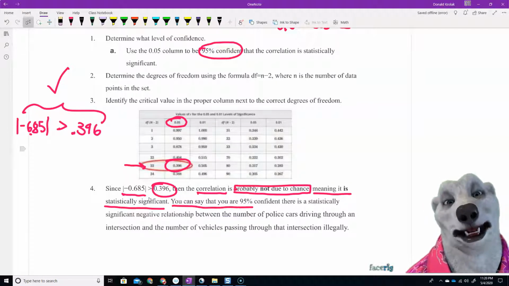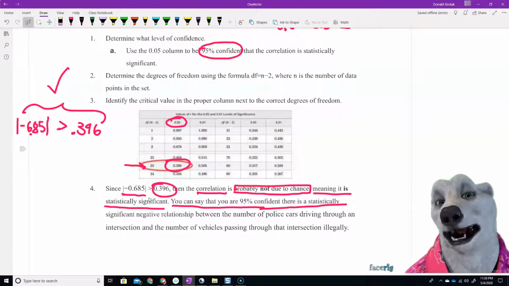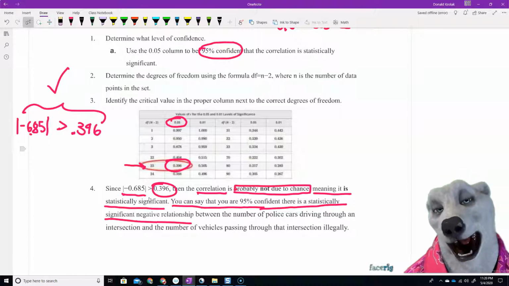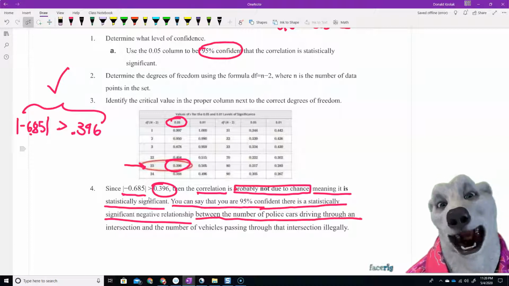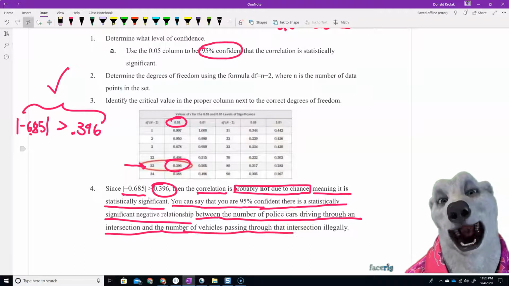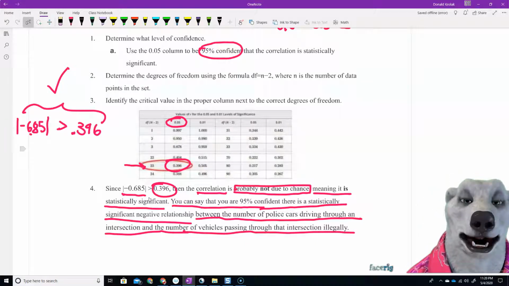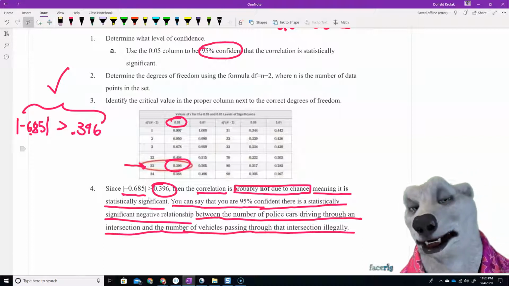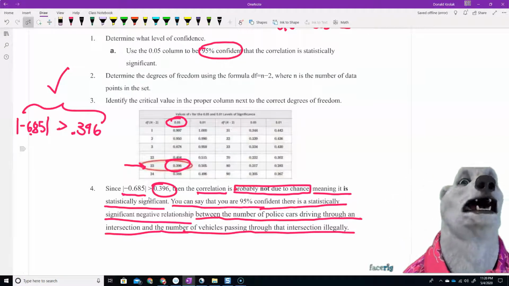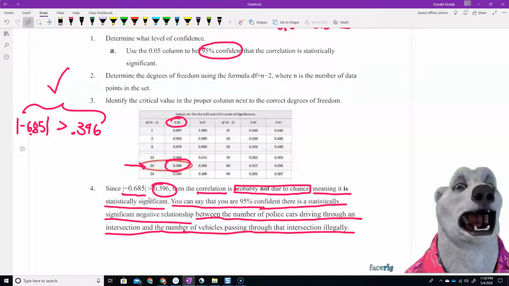You can say that you are 95% confident there is a statistically significant negative relationship between the number of police cars driving through an intersection and the number of vehicles passing through that intersection illegally. Which makes sense. The more police cars you see, chances are you're not going to run a red light or go through that intersection illegally, because you probably know, well, if I do that, I'm going to get busted. Right?